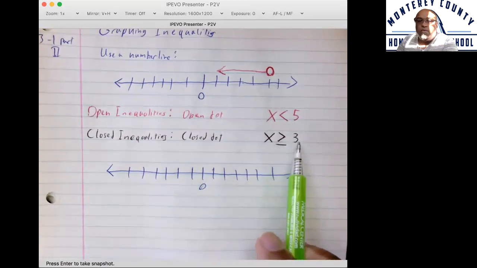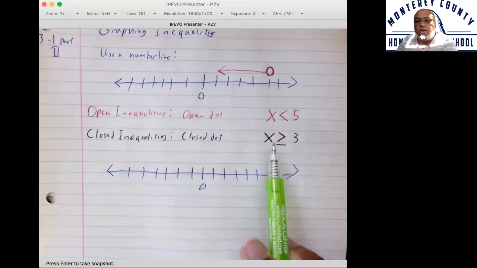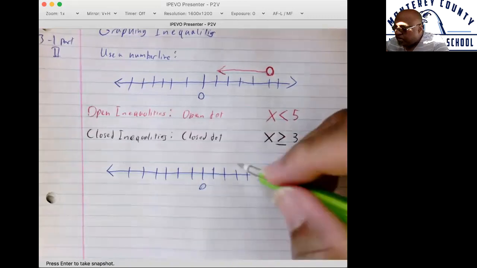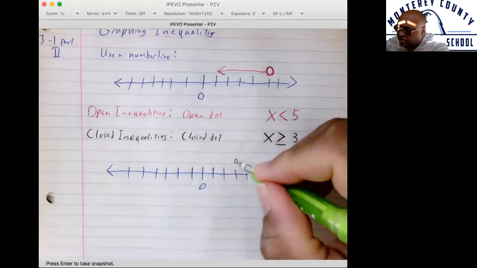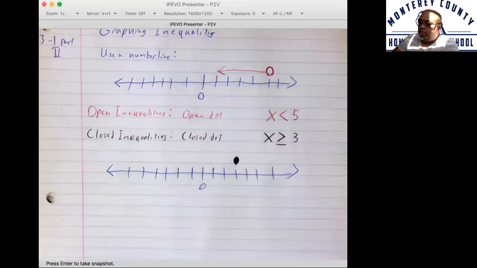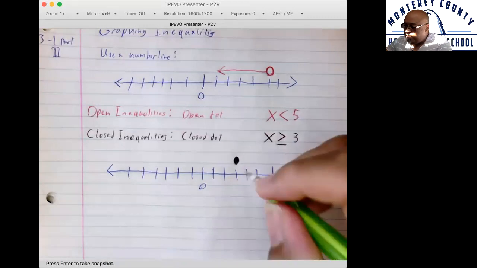In the same sense, the number that is being compared to x in the inequality is the number that you write your dot at. Start at 0 and count up: 1, 2, 3. So I'm going to put my dot here at 3. But to show that my statement could equal 3 or be larger than 3, I'm going to put a closed dot here.